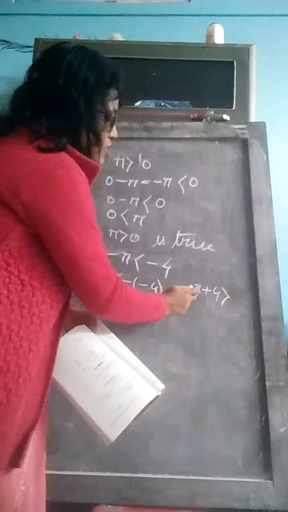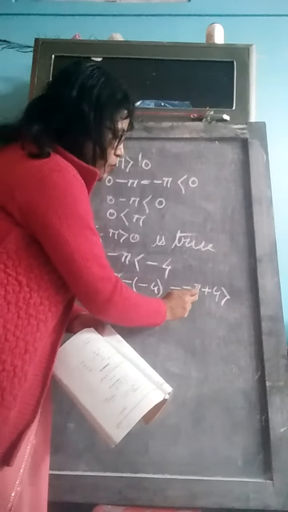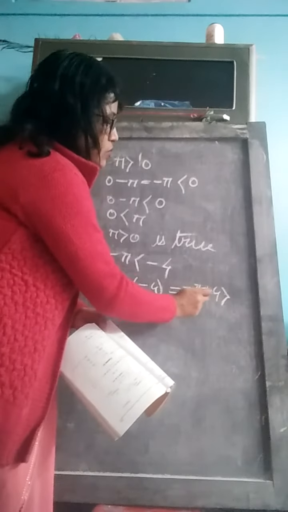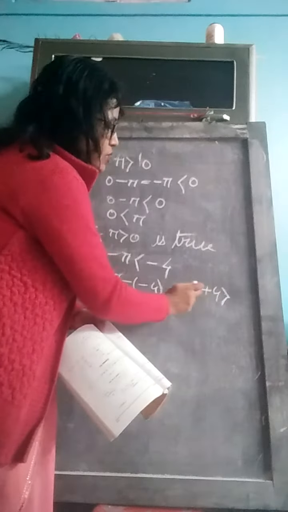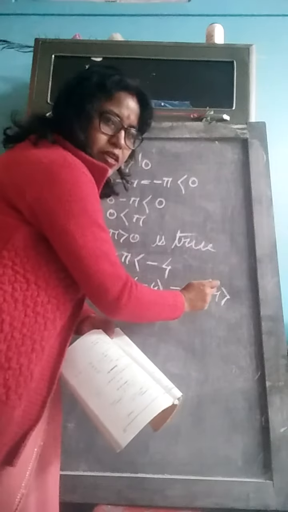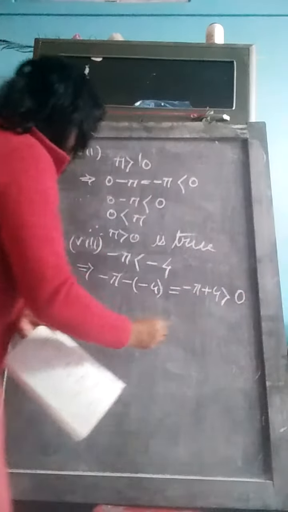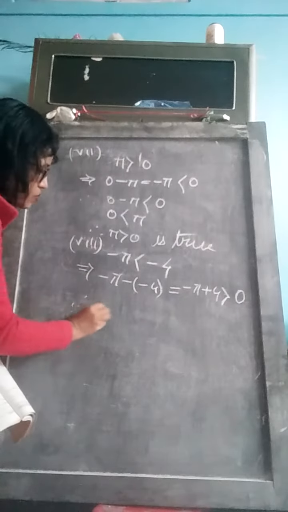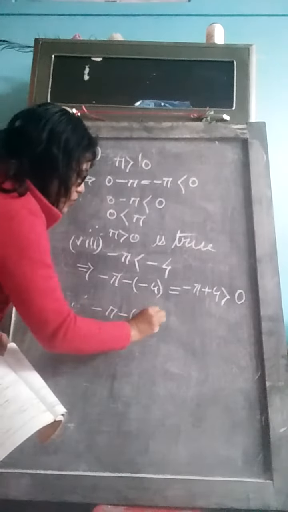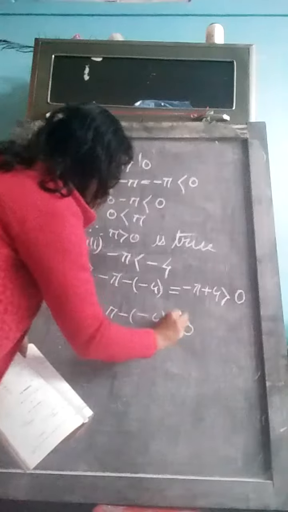So, since it is minus 3 point something, it is minus 4 subtracted from it, which becomes positive, so greater than 0. That means minus pi minus minus 4 is greater than 0.